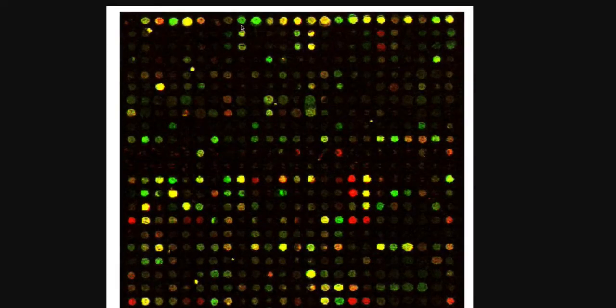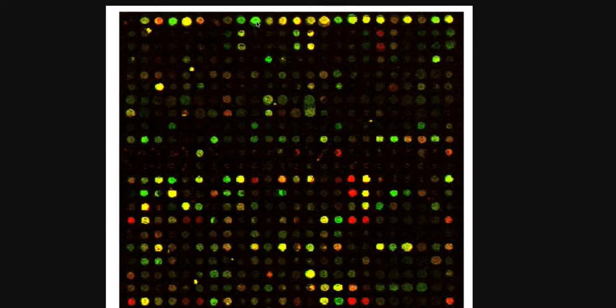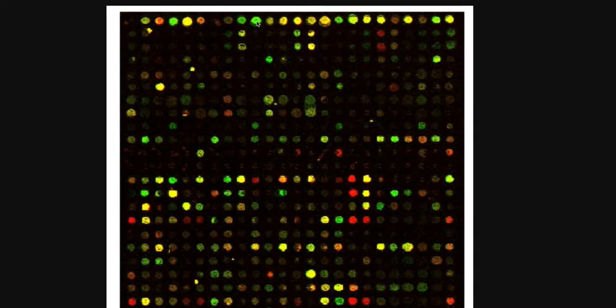When you see green color spots like this one, it means that the sample which was labeled with the green dye, which is Cy3, Cy5, is upregulated in the sample where it was labeled with the green dye. If its red is high, for example over here, it means the sample which was having cDNA in red label is having upregulation of this gene.